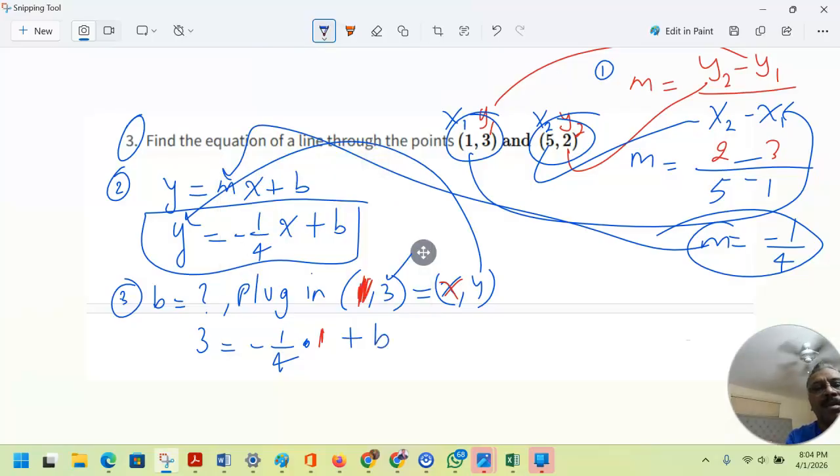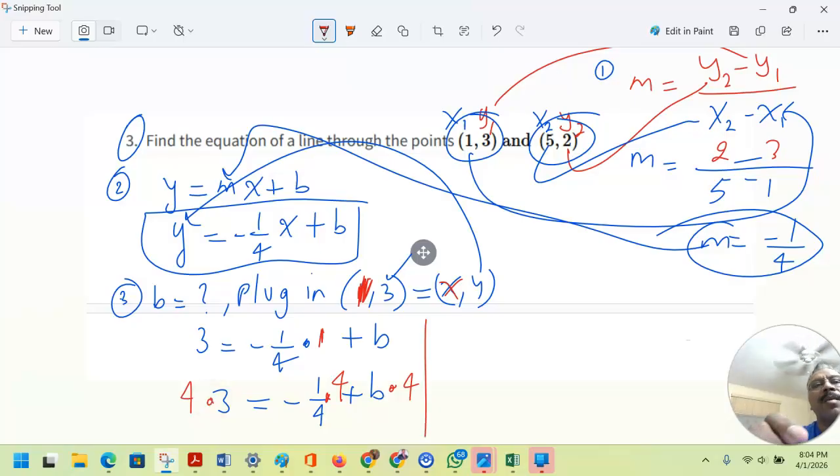And of course, you can do it your own different ways. I'm going to write this as minus 1/4 and plus b. So you can multiply by 4 throughout. If that's easier for you, just multiply. There's a fraction with the 4, so multiply 4, 4 and 4. So all the terms are multiplied by 4.